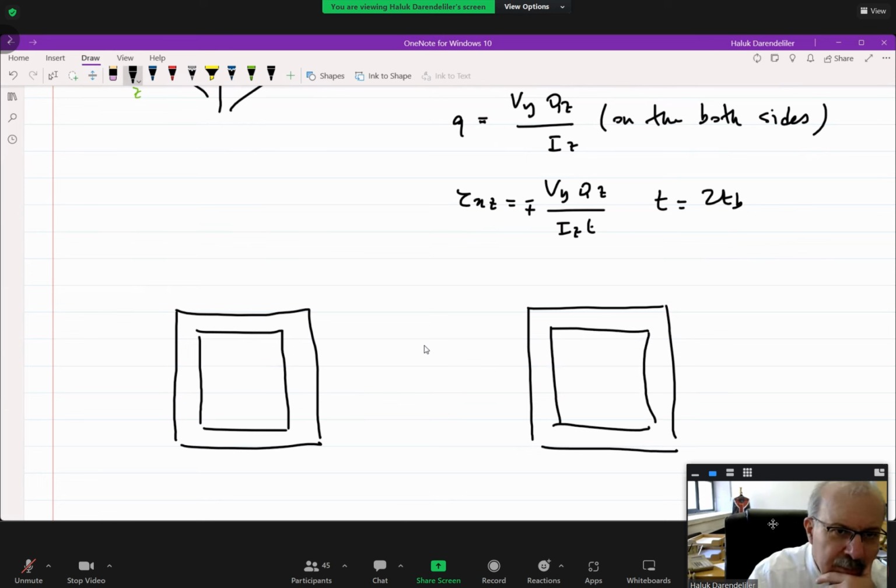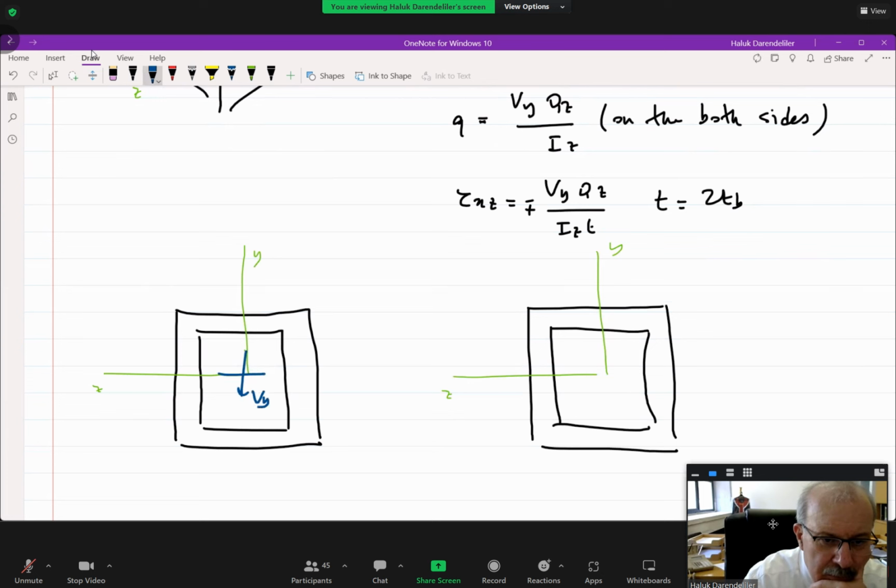On both of these boxes, we have the following coordinates. This one, Z, Y, Y, and we are assuming that there is a shear force Vy here. A coupled moment Mz. Shear force Vy, attached moment Mz.